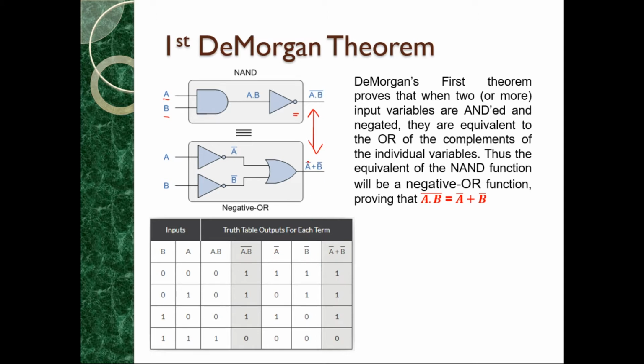If we use the DeMorgan theorem, we complement each variable, so 0 becomes 1, and then we add these values using an OR gate and get the same result as the previous one, and so on. Therefore it is proved that the NAND is equivalent to the first DeMorgan theorem using the negative OR logic.